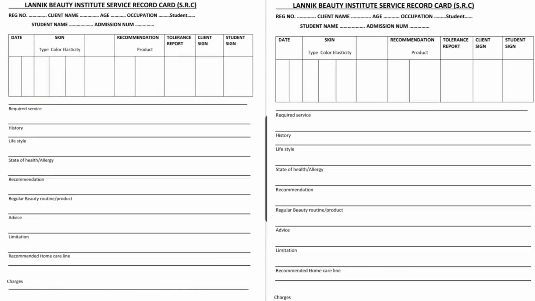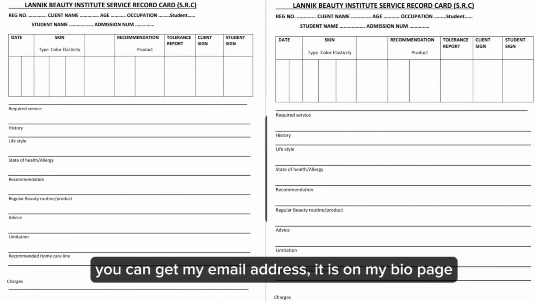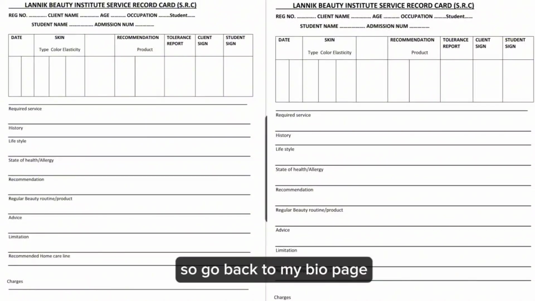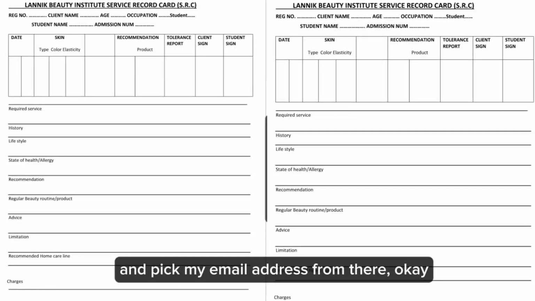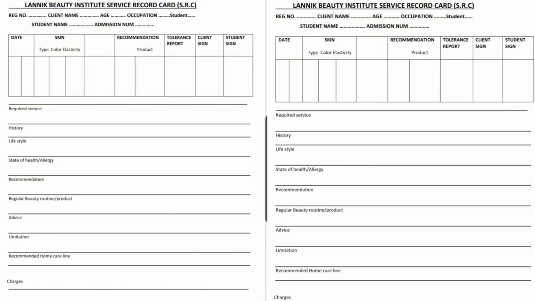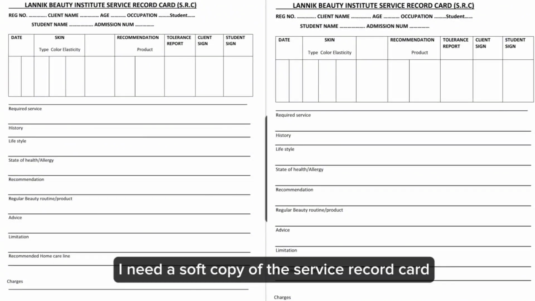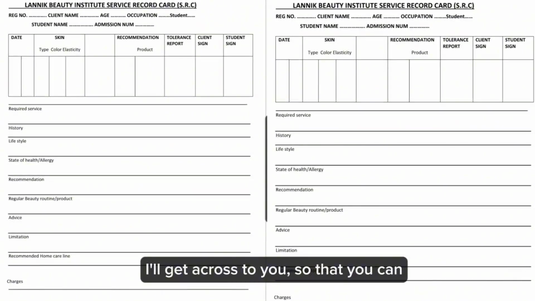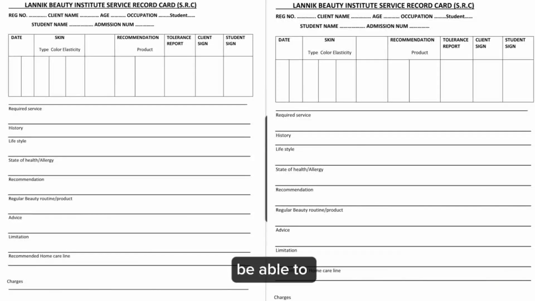You can get my email address from my bio page. So go back to my bio page, pick my email address from there, and mail me for a soft copy. Just say, hello Regina, I need a soft copy of the service record card. I'll get it across to you so that you can flow with the class. So it's very important. So join the class.